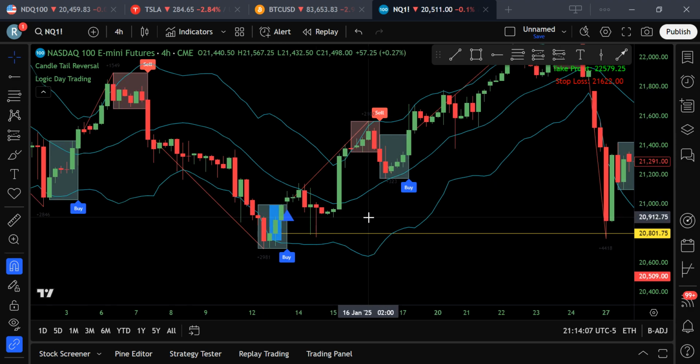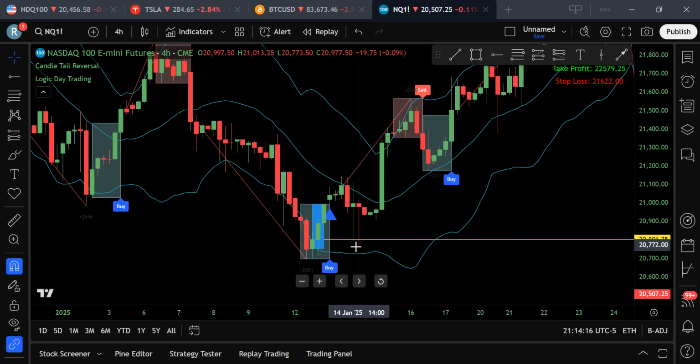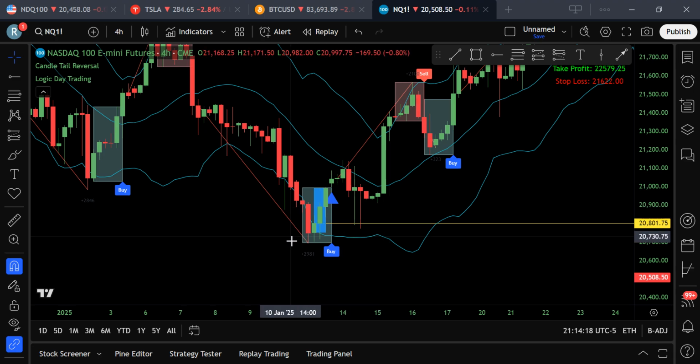But to give you even just extra confidence and that extra layer of confirmation to take buys or sells, I mean, we see here the Logic Day Trading is finding this buy signal overlapping with the candle tail reversal buy signal. We have our entry price we're looking at.